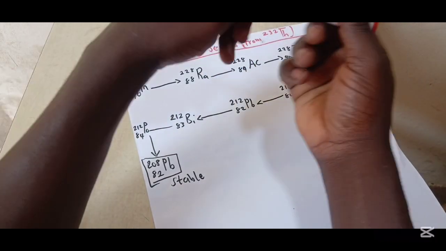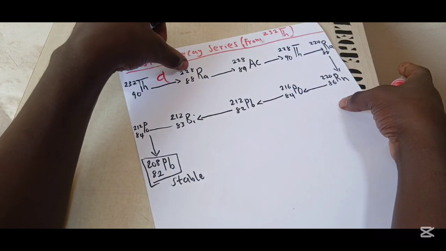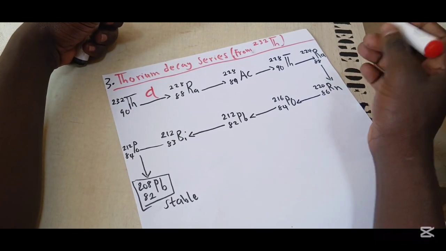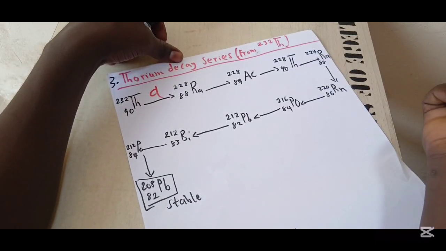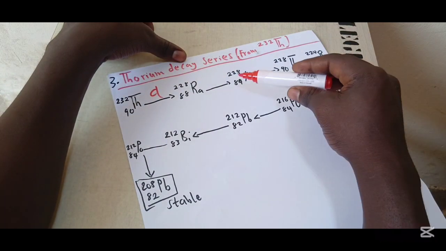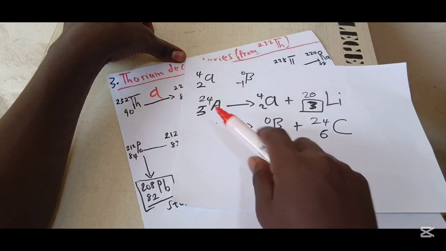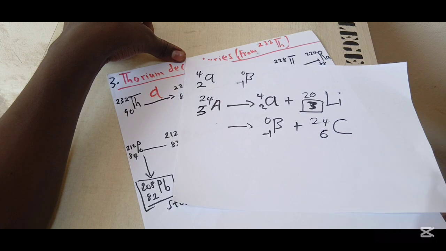This is going to be an alpha decay, with a decrease in atomic number by 2, giving us 88. Once you see a decrease in mass by 4, just know that it's generally an alpha decay. For this one too, from 228 to 228, but there is an increase in atomic number.